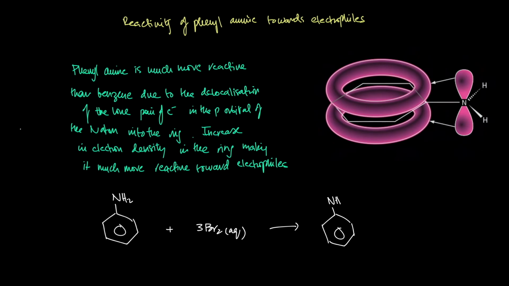You have NH2 here, and you have 3 bromine atoms substitute onto the benzene ring. And the observation is also the exact same. What you're forming here is 2,4,6-tribromophenylamine and 3 HBr.